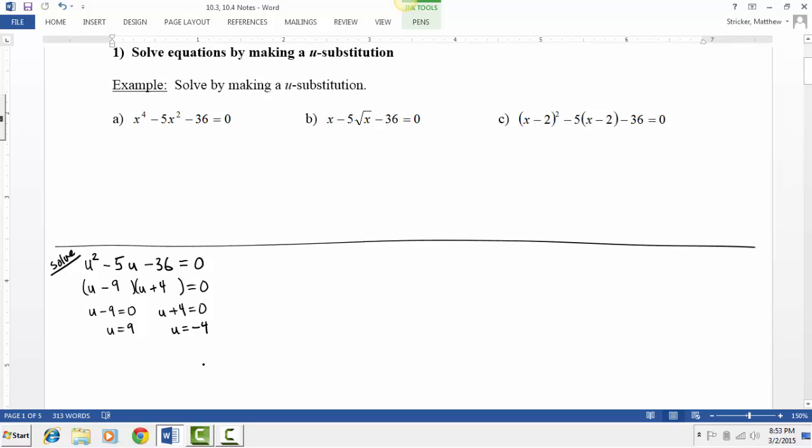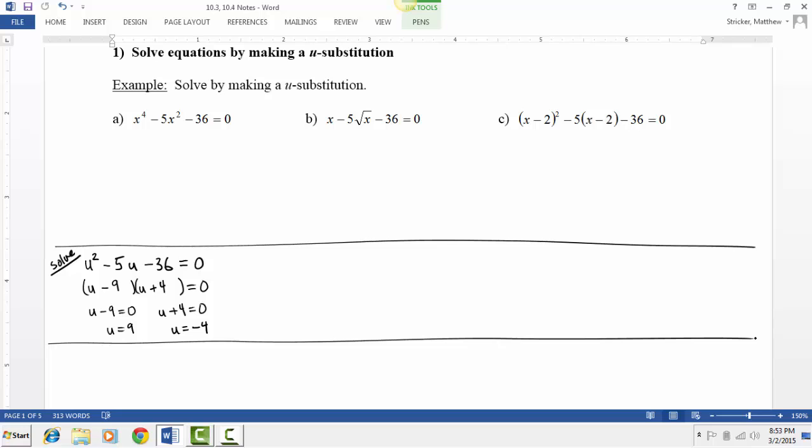So there's really two different values for u for that particular quadratic equation, and this is something we already know how to do. Now let's jump back to our three problems listed above here. Each one of these, like I said before, was not a quadratic equation. However, if we make a u substitution, what I'm about to show is that they will become equations that are exactly like this one we just solved.